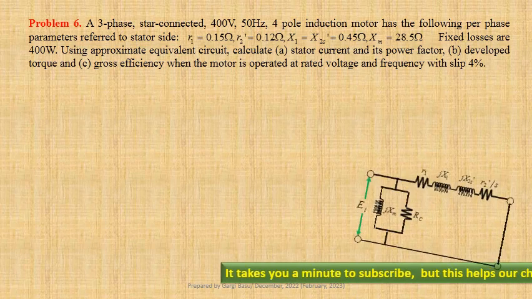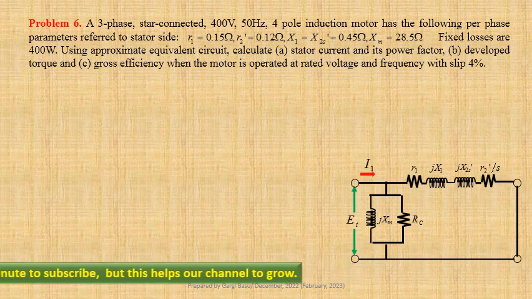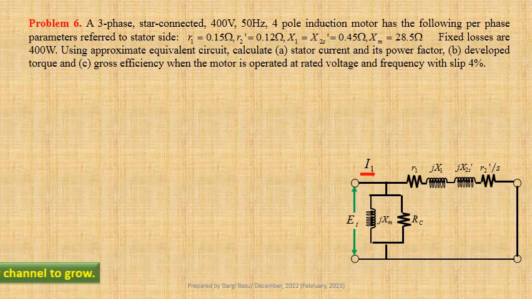Using approximate equivalent circuit, we have to calculate stator current and its power factor, developed torque and gross efficiency when the motor is operated at rated voltage and frequency with slip 4%.